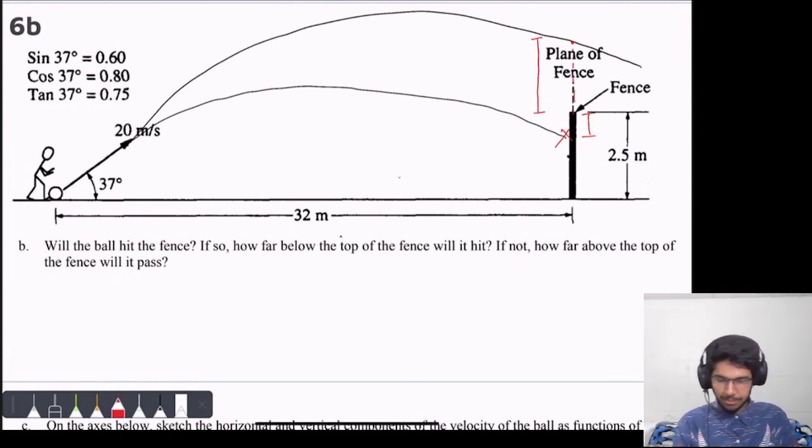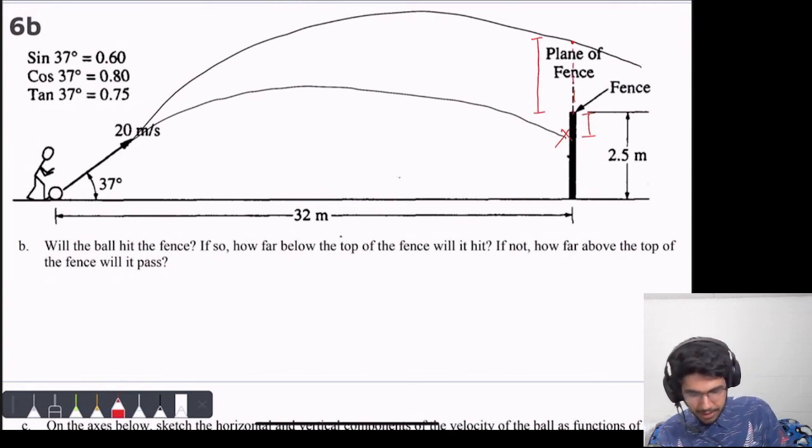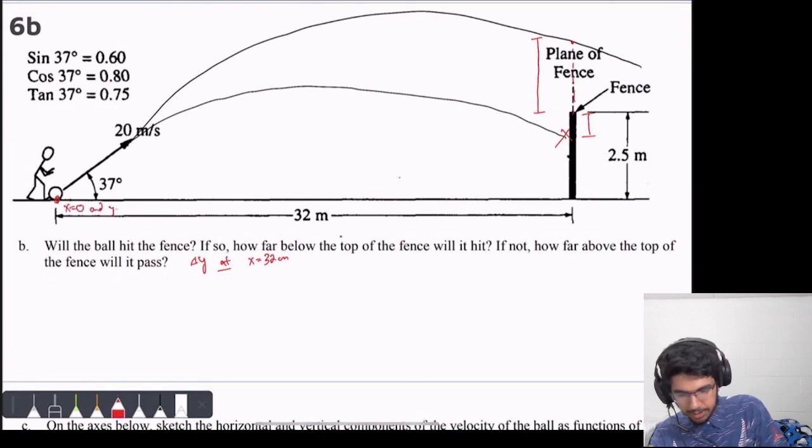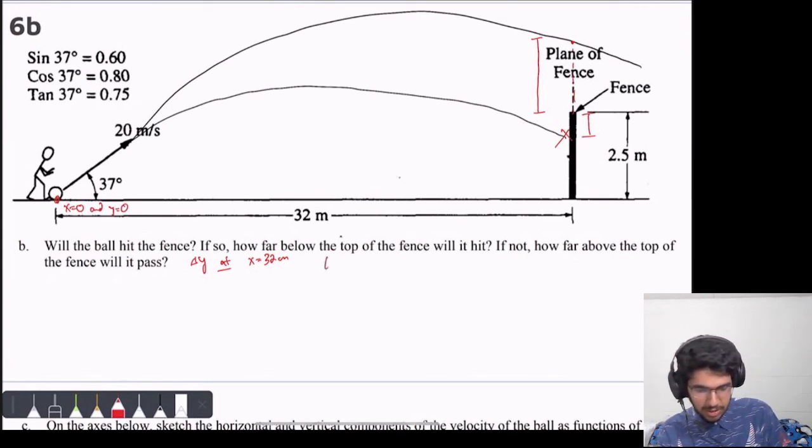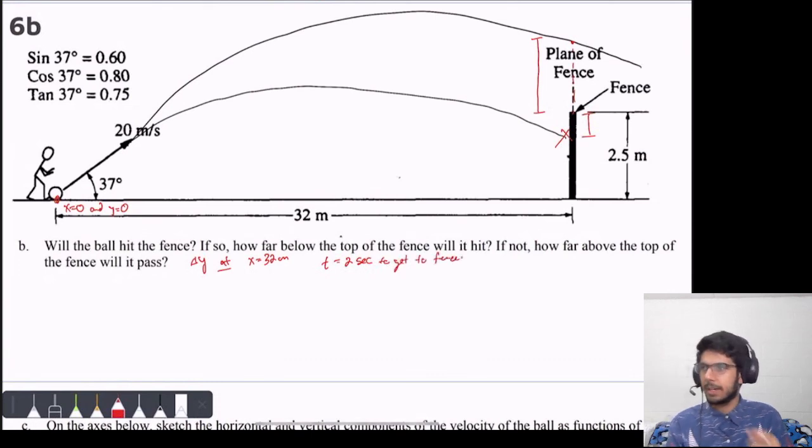So what are we solving for? We're solving for delta y at x equals 32 meters. We'll just say that this is x equals 0 and y equals 0. And we know that it takes 2 seconds to get to the fence. We just solved for that.